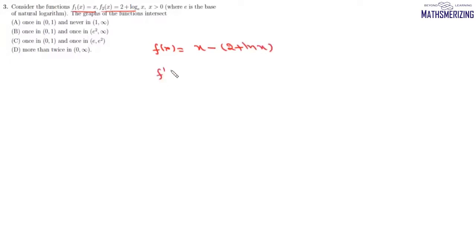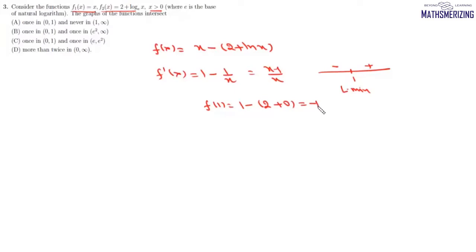Now we find f dash x will be 1 minus 1 upon x. So this is x minus 1 upon x. So we are given that x is greater than 0. So the only critical point here is 1. The right side is plus and this is minus. So there is a local minima at 1, and the value of this function at 1 will be 1 minus 2 plus log 1, which is 0, so it will be minus 1.